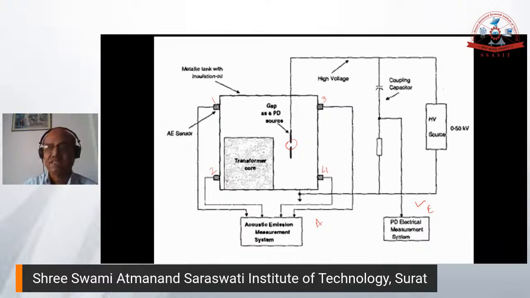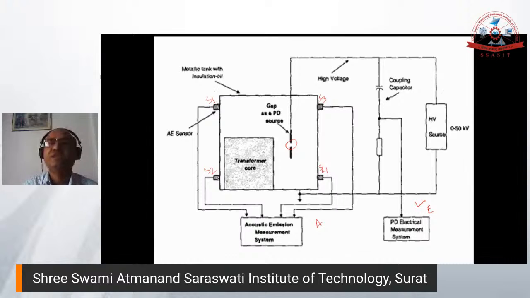I just marked this to help you understand the source location algorithm. We will talk about it later, when the algorithm will be based on the sensor positions. Each sensor can have its own coordinate system. If you take a three-dimensional tank, sensor 1, sensor 2, sensor 3 and sensor 4 will each have their own coordinate system.